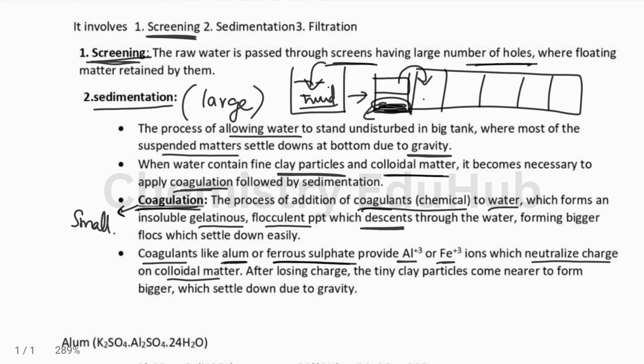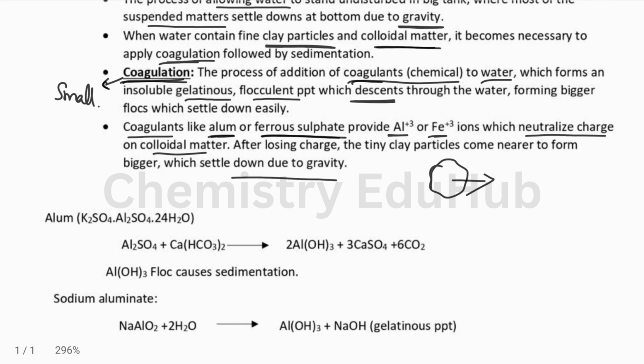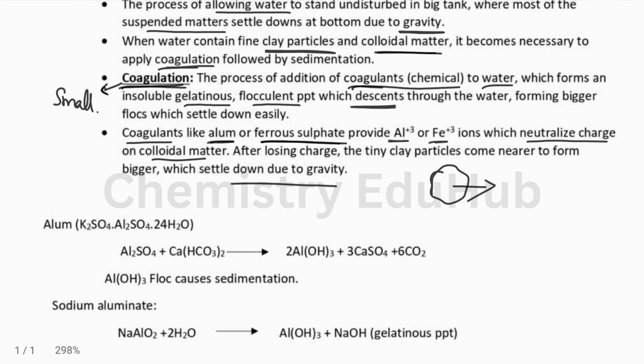That results in the formation of large lumps of clay particles or bigger flocculent particles that can be easily separated from the water because they settle at the bottom due to gravity. This is a method called coagulation followed by sedimentation. This is employed only when the water contains clay or colloidal matter in it. Otherwise we can just go with the sedimentation process.